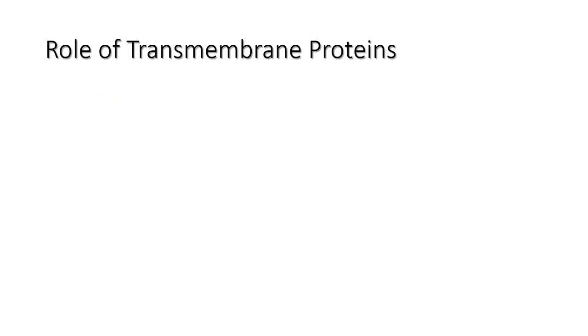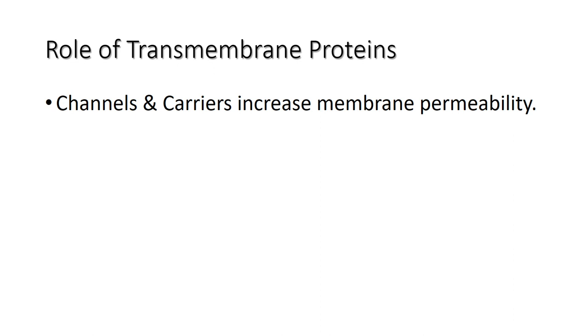Transmembrane proteins that act as channels and carriers increase the plasma membrane's permeability to a variety of ions and uncharged polar molecules that cannot cross the lipid bilayer unassisted. Channels and carriers are very selective.